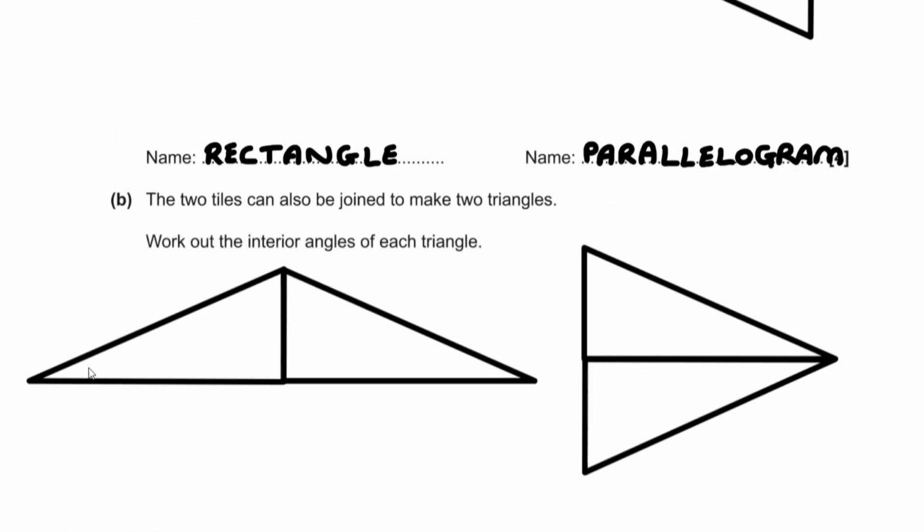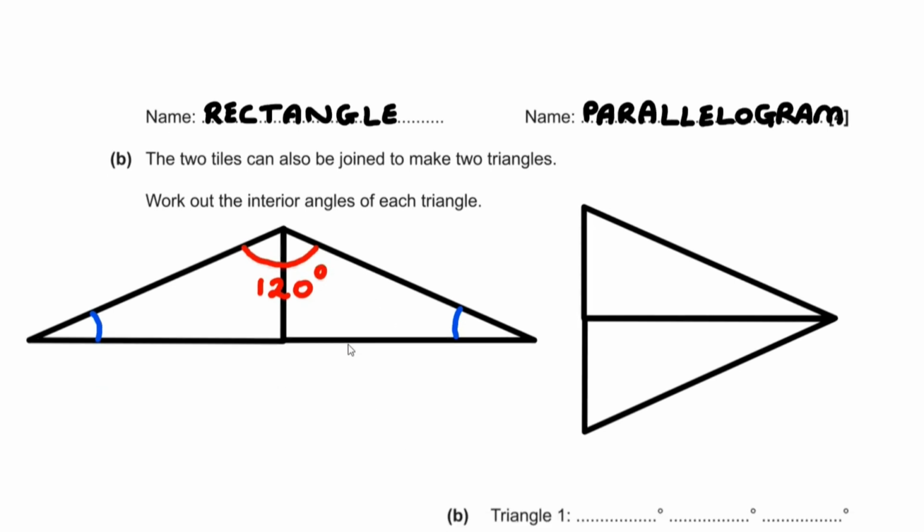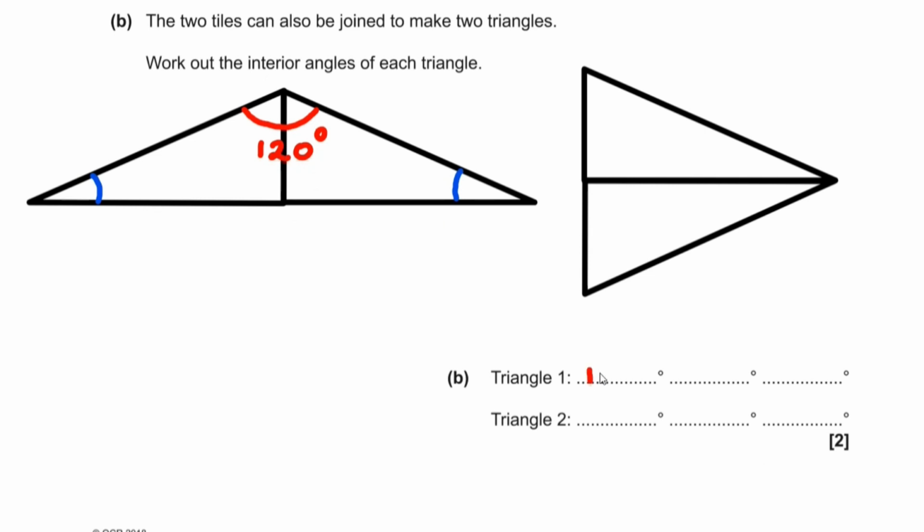So we've got a 30 here, a 30 here, and here we've got two 60s. So this angle is 120 degrees. And then we've got the 30 degrees here and the 30 degrees here.